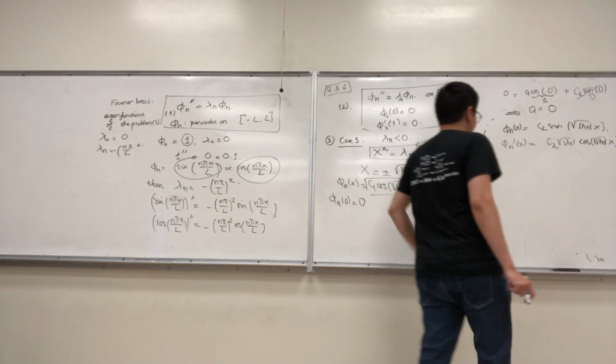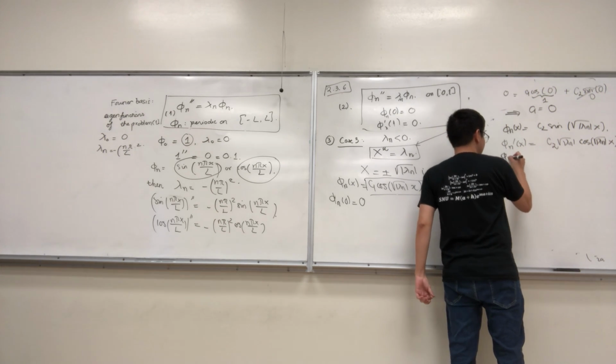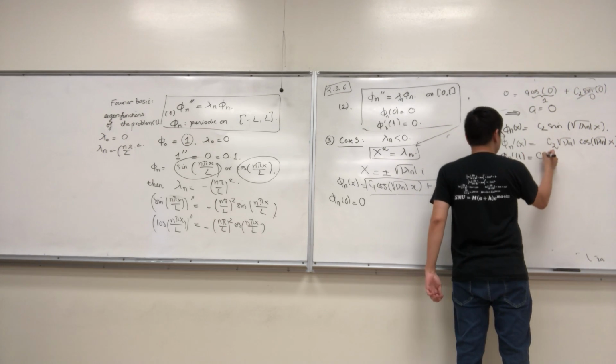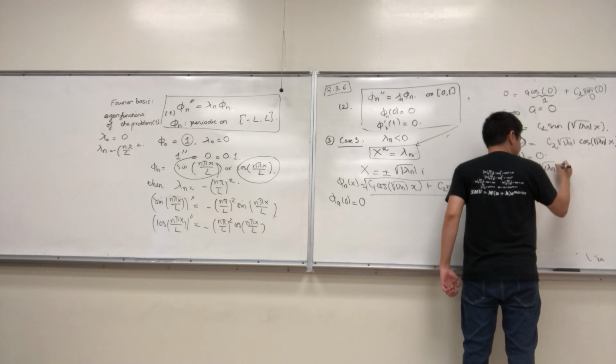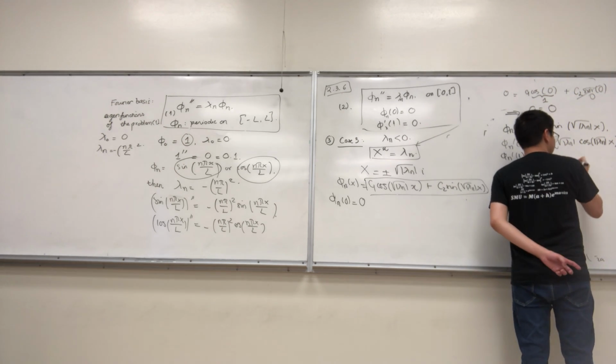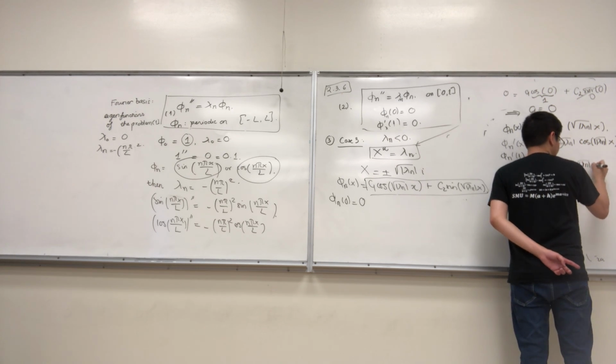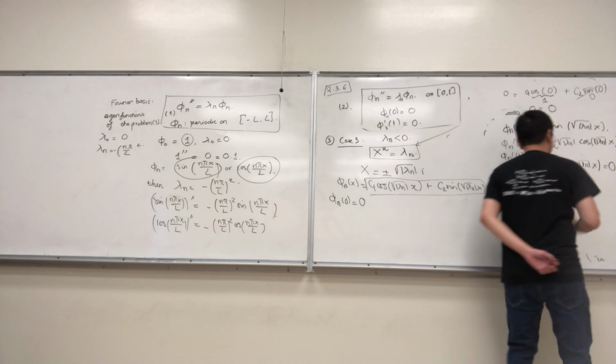I'm going to plug 1 there. So you have phi n prime of 1 is 0, meaning that C2 square root of lambda n cosinus of square root of lambda n times 1 is 0.